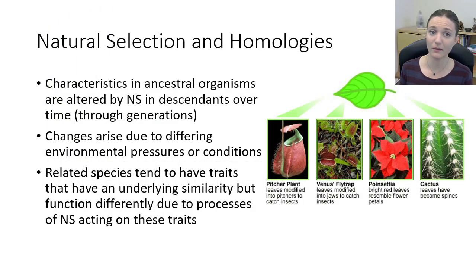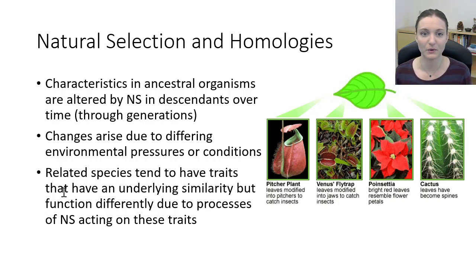So remember we talked about homologous structures, right? Homologous structures are similar in related organisms, but take on a slightly different shape or function based on the unique evolutionary pressures that lineage went through. Natural selection shapes these structures based on the environmental pressures that group of organisms was facing.